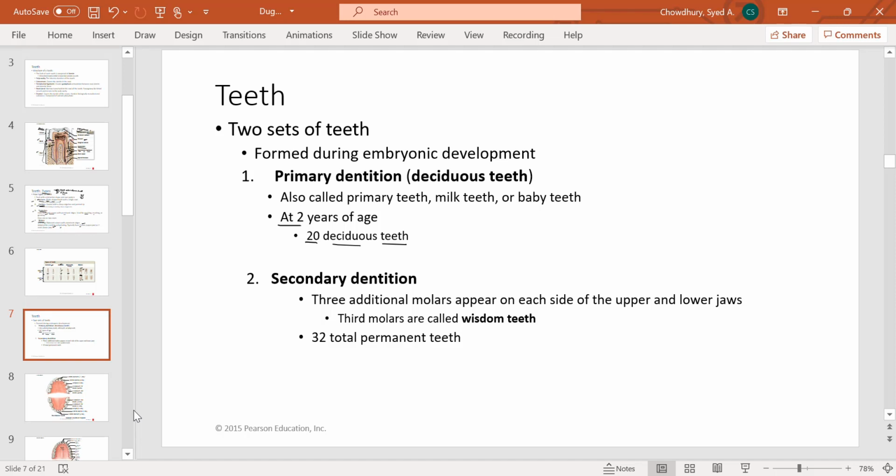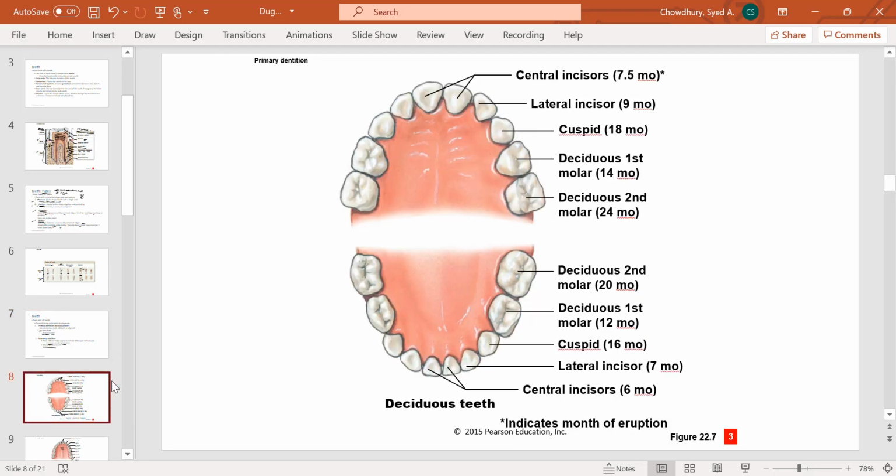In secondary dentition, 3 additional molar teeth appear on each side of the upper and lower jaw, and the third molar is called the wisdom tooth. Okay, so a total of 32 permanent teeth replace the 20 deciduous or baby teeth.